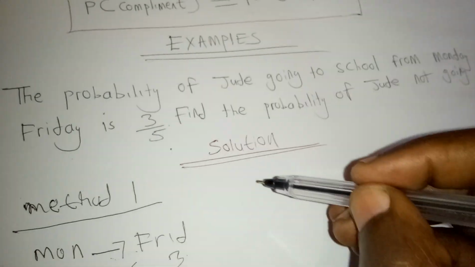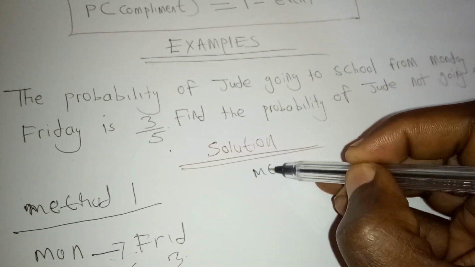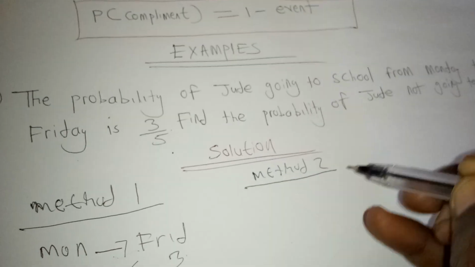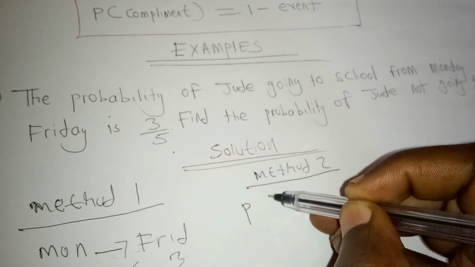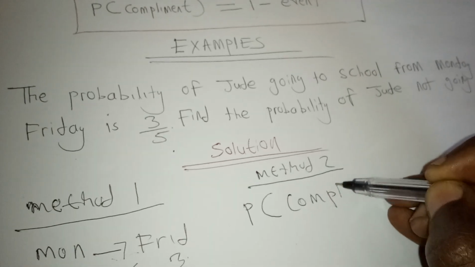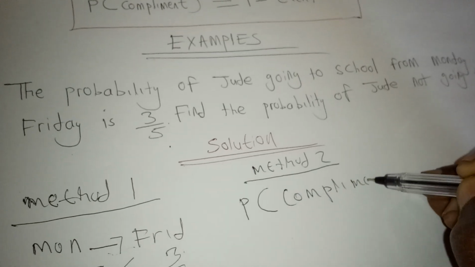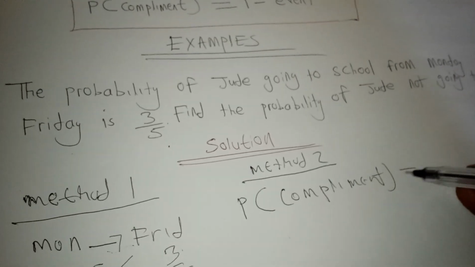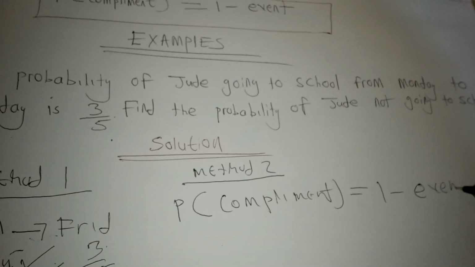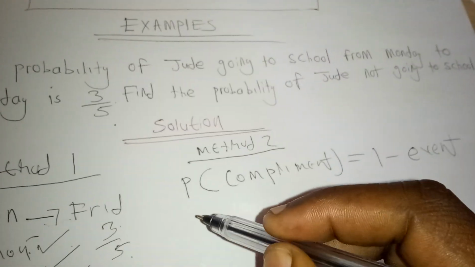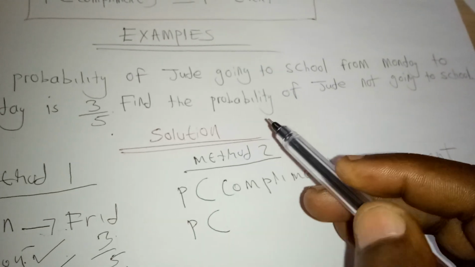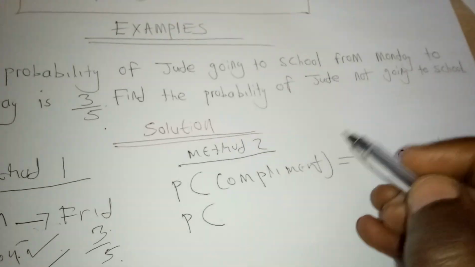Now, method 2: we can use the probability of a complement. The probability of a complement is equal to 1 minus the event. That is the formula that we know. On the complement, we put Jude not going to school.